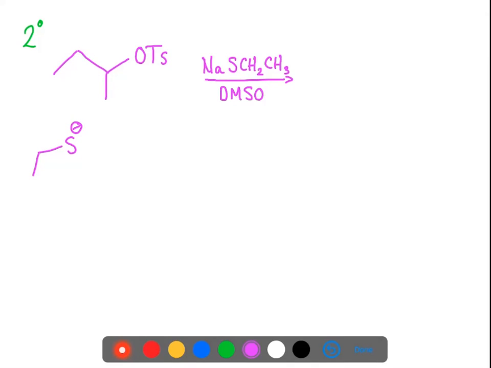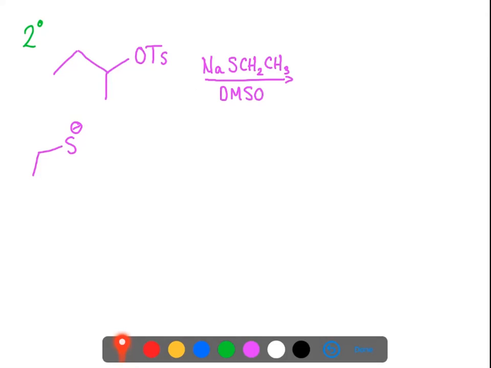Now, because we have a secondary pseudohalide, we would expect that both the SN2 or the SN1 mechanism may occur. To differentiate between what the major mechanism is for this particular example, we look to the solvent. What's listed below the arrow, which is typically where we would place solvent conditions or temperature or timing, is the abbreviation for dimethyl sulfoxide.